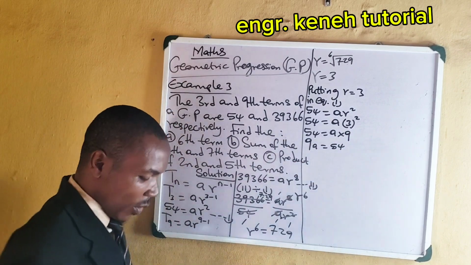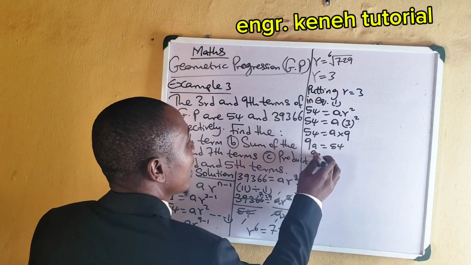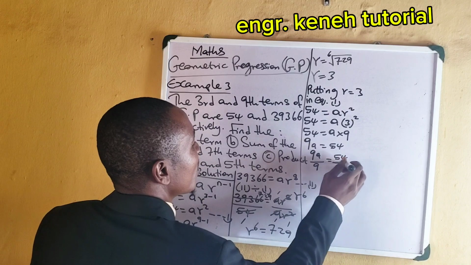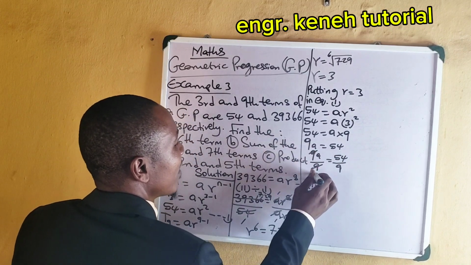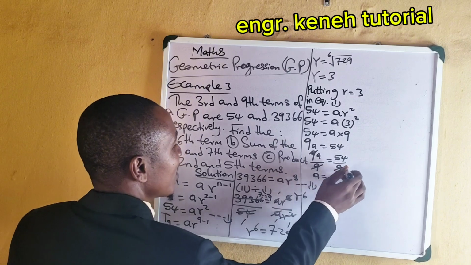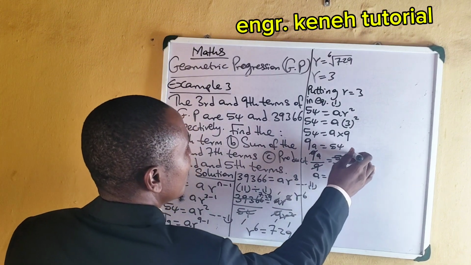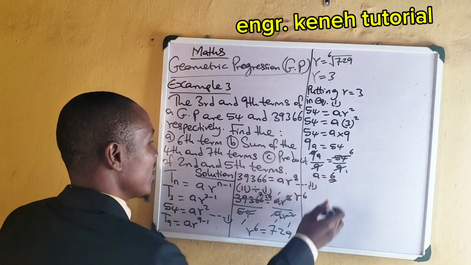Dividing both sides by the coefficient of a, I will have 9a over 9 is equal to 54 over 9. So this will cancel this. You have that a is equal to, when 9 divides itself, it gives 1, and when 9 divides 54, it gives us 6. So a is equal to 6.